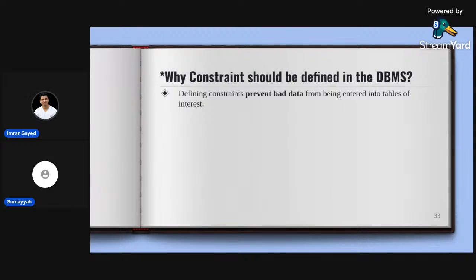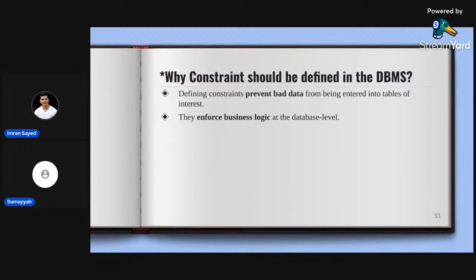Defining constraints prevents bad data from being entered into the table. You have to remember that: if we have constraint checks, then we are preventing bad data from being entered into database tables. They enforce business logic, so we think about business when we talk about constraints, enforcing business logic at the database level.